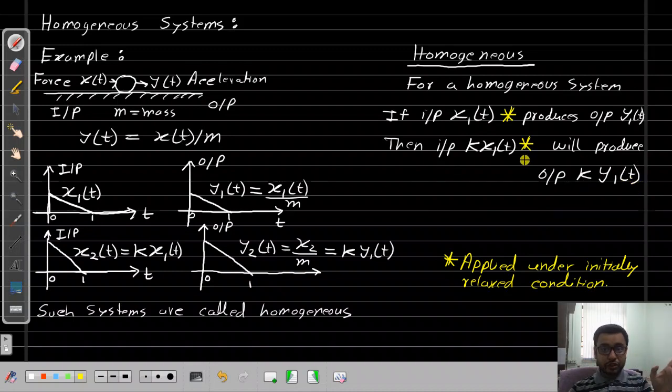If these inputs are not applied under initially relaxed condition, then this may not be true, even if the system is homogeneous.